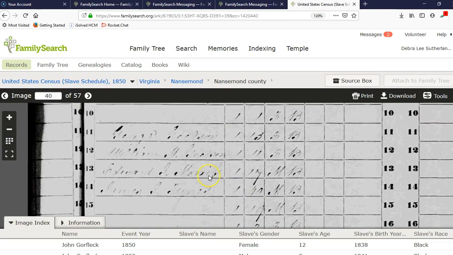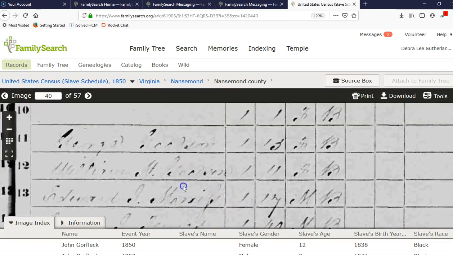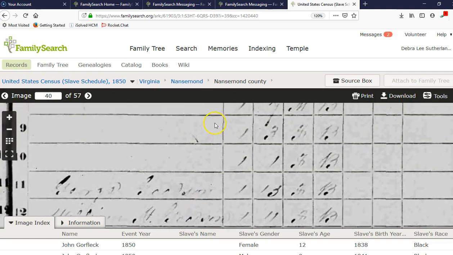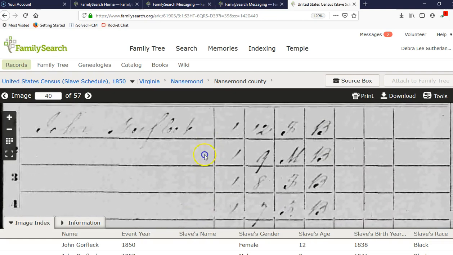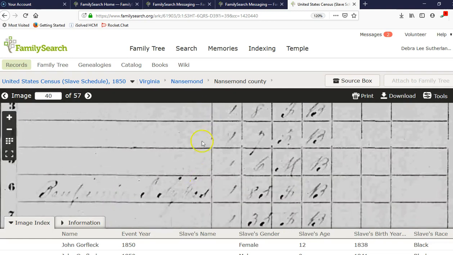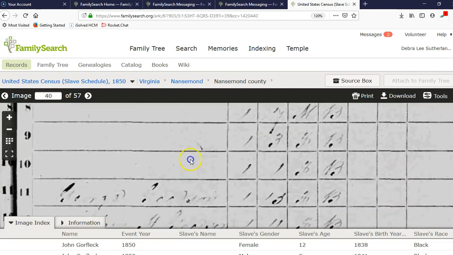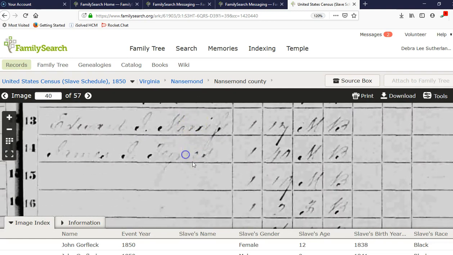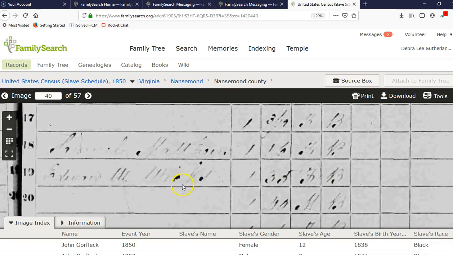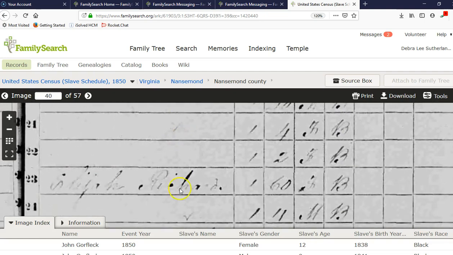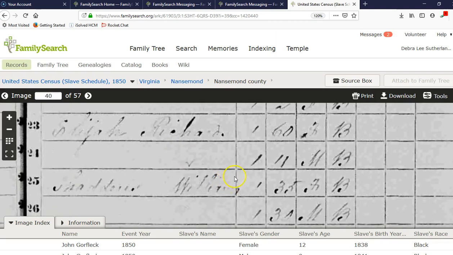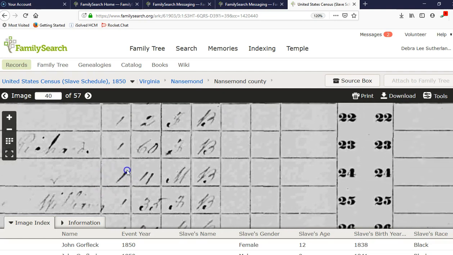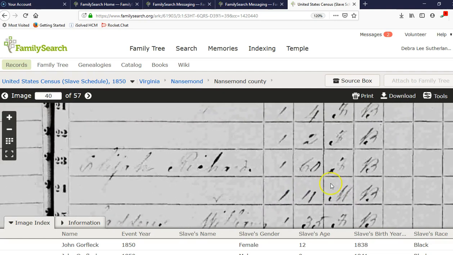So a really good thing to do is to go in and look and see who their neighbors are. Because a lot of times they tended to move around with the same people. So as you go through the different censuses, look for patterns of people that you may find.